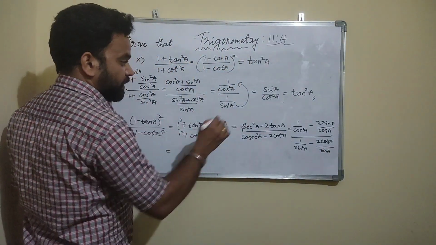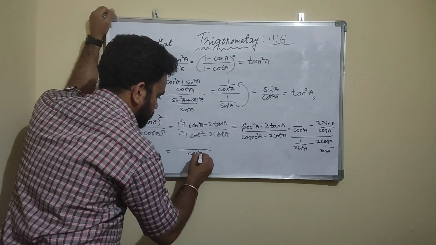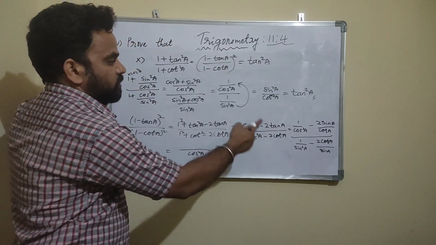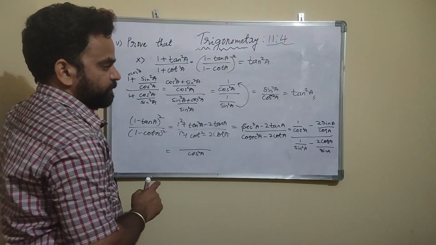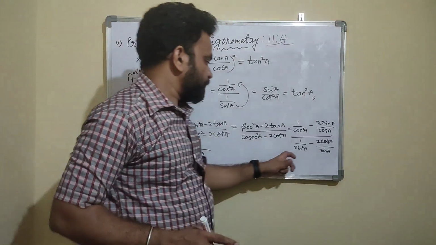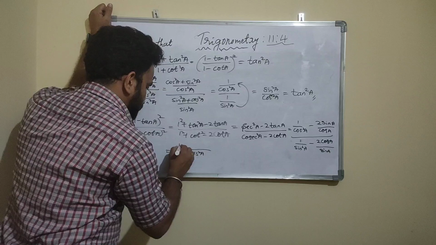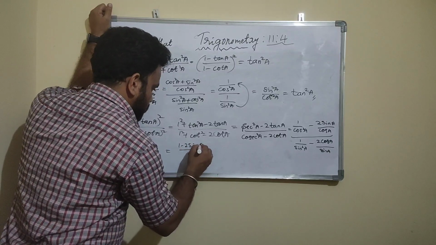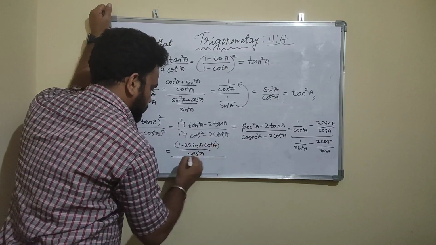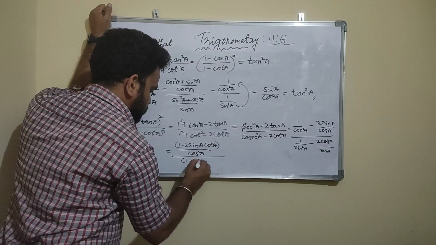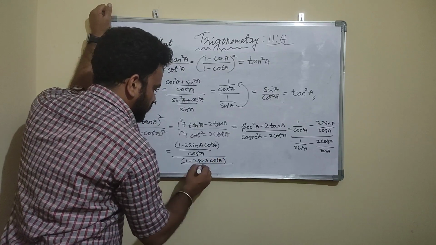So in the numerator the LCM is cos square a. That cos we will multiply here to get 1 minus 2 sin a cos a. Here also the same, sin square a is the LCM, 1 minus 2 sin a cos a, whole divided by 1 minus 2 sin a cos a. Can you guess why and how it is coming?